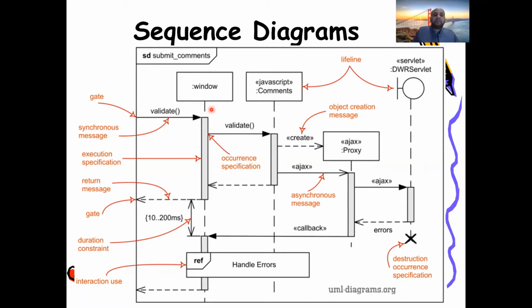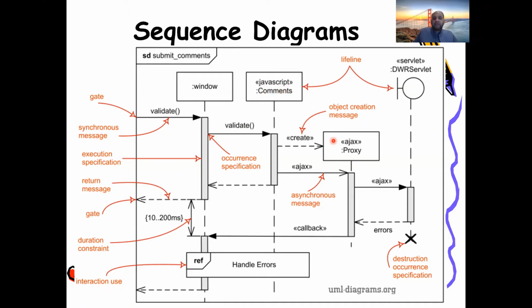Generally, the concept of lifeline is related to the object, when object is created and when object is destroyed. For example, for these 3 objects, we are assuming that before creation of sequence diagram, these objects were already existing.